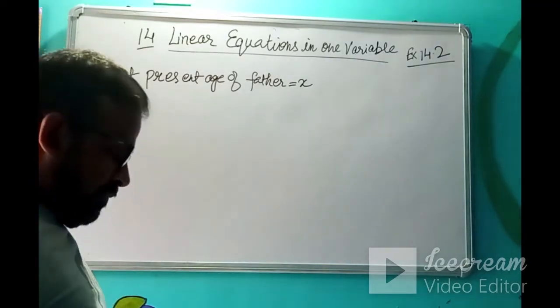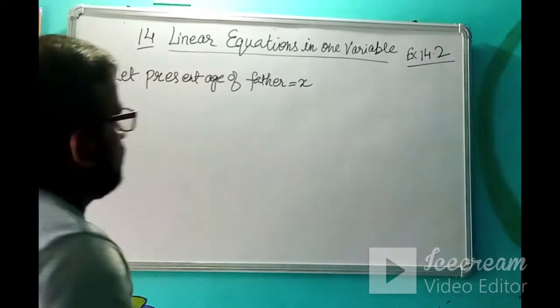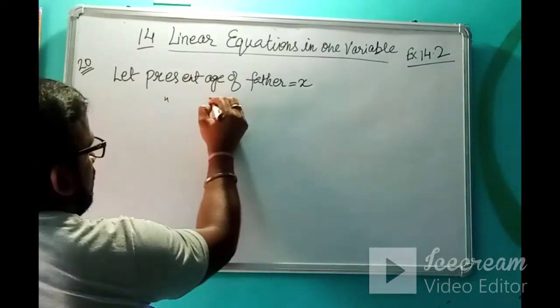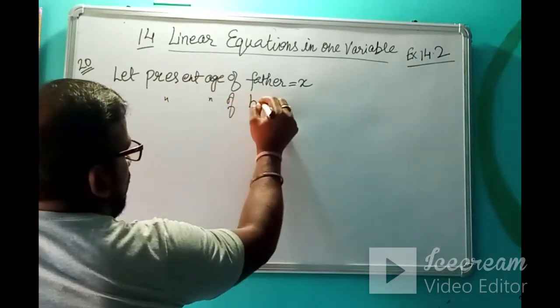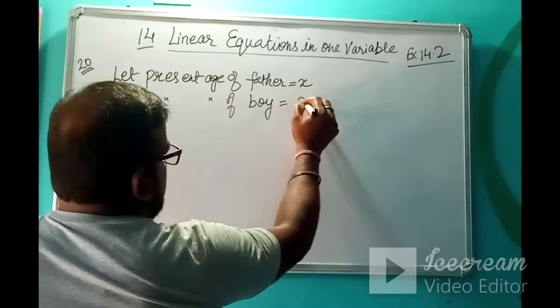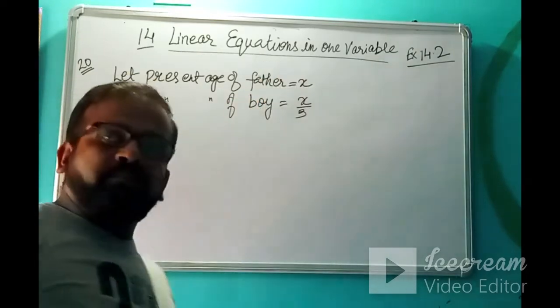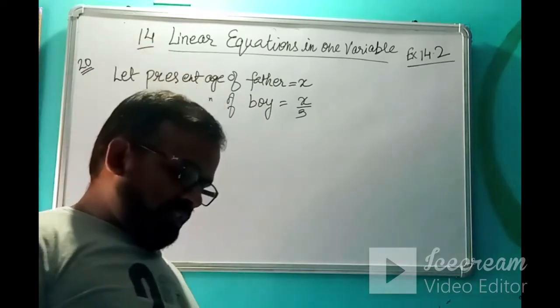So what is given? Boy is 1/3. That means the present age of boy will be x by 3. This will be the present age of father and boy.